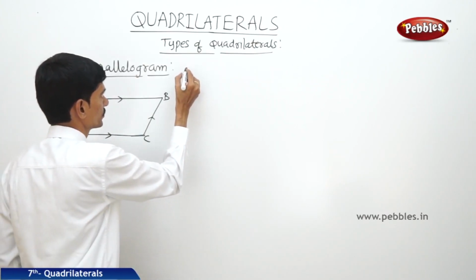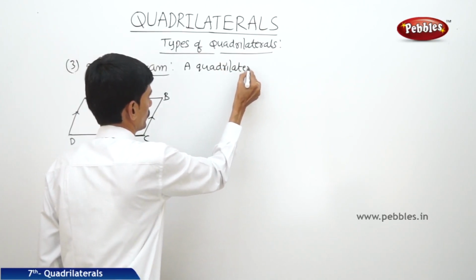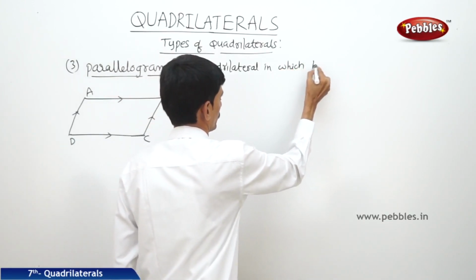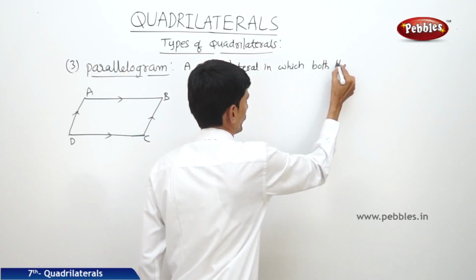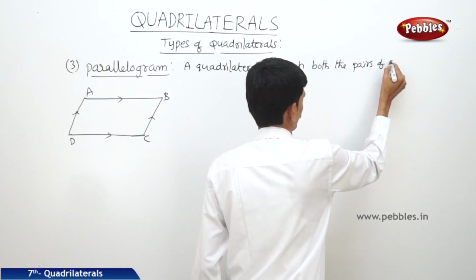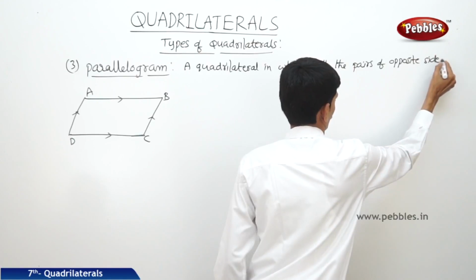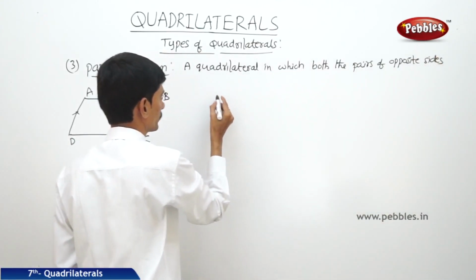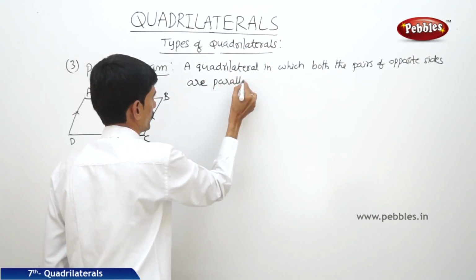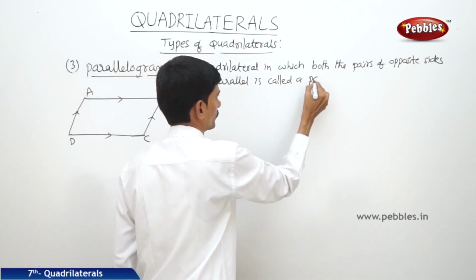So a quadrilateral in which both the pairs of opposite sides are parallel is called a parallelogram.